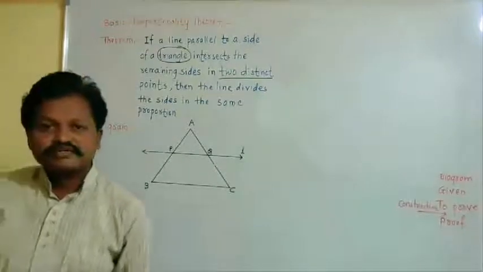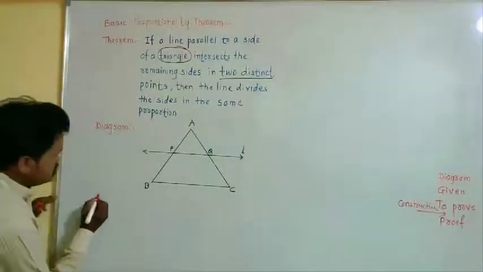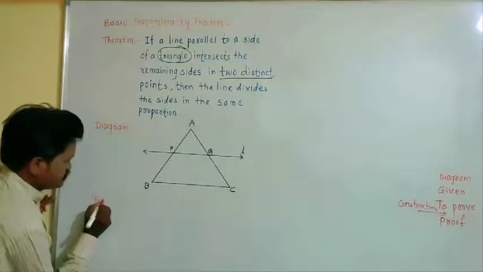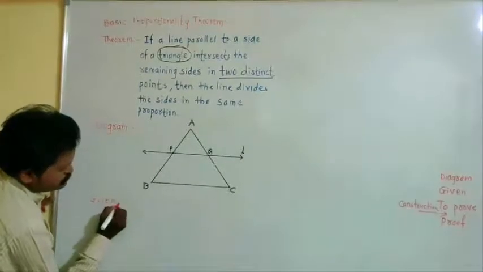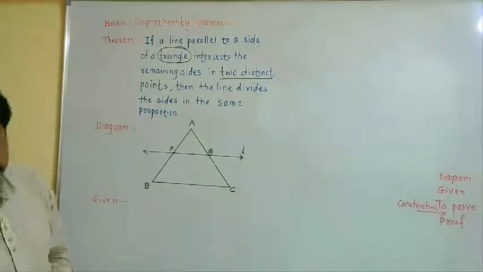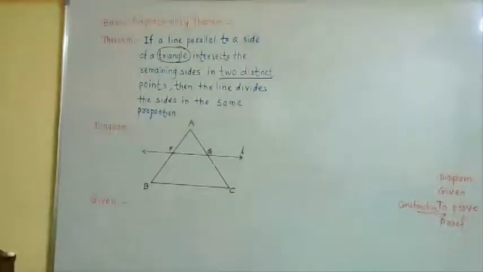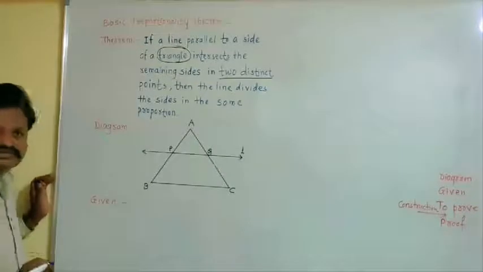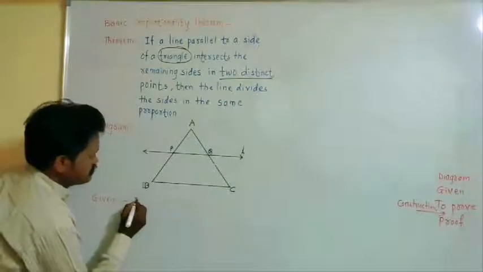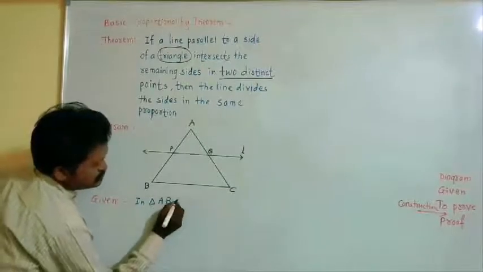You write here the given part. What is here, sir? Given part. So I write here the given. So think about this diagram and statement, and write what the given part is. So what is given? You see here one triangle. So I write here, in triangle ABC.